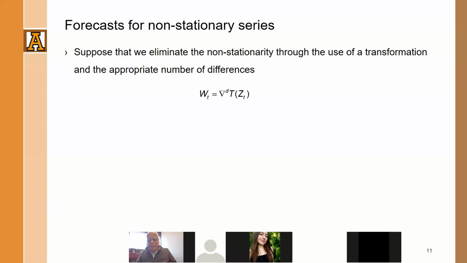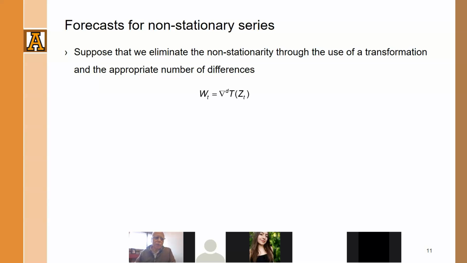Now, all we did is for stationary time series, right? And in fact, that's what we're going to be doing: forecasting stationary time series. And we will always assume that if the series is not stationary, we can make it stationary through either a transformation or taking the proper number of differences, or both.